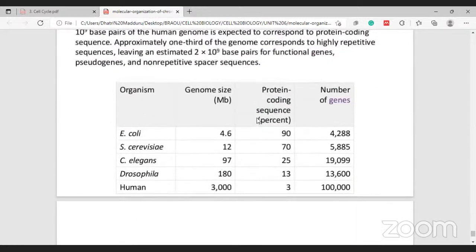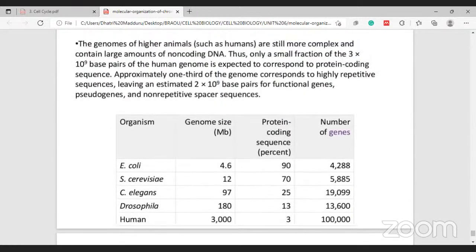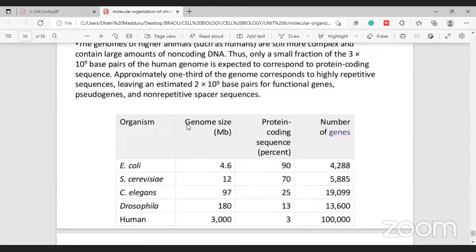If we look here, E. coli's genome size is 4.6 million base pairs, whereas Saccharomyces cerevisiae is 12 million base pairs. Caenorhabditis elegans is 97 million base pairs, Drosophila 180 million base pairs, and humans 3000 million base pairs.